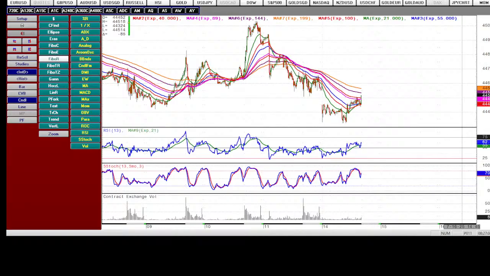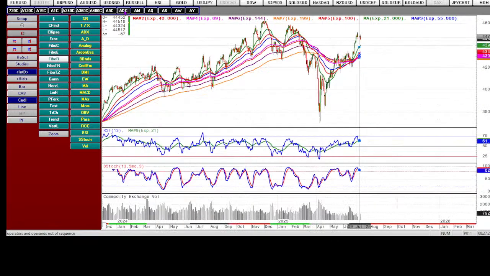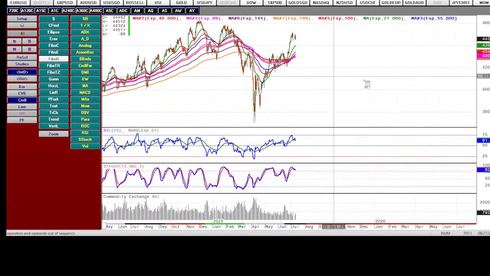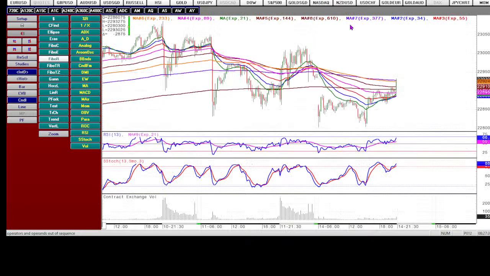It is expected to push higher, so we should see the price heading towards 650.